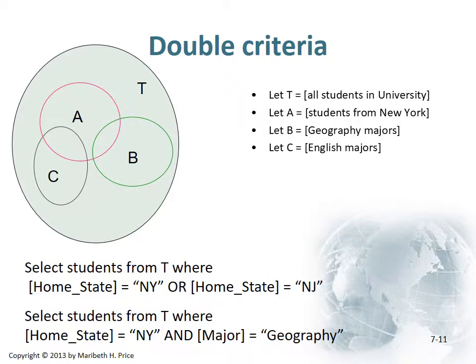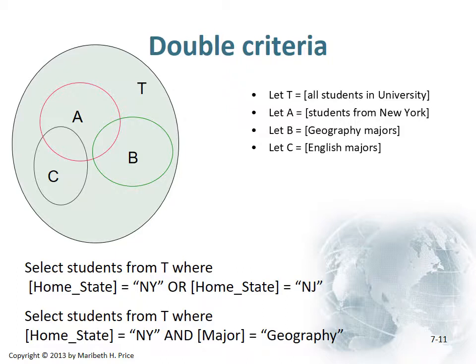When we're building queries, we can use more than one criterion at a time, even within the same variable. Here, for example, let's use the same data universe, and we want from the home state variable to select all of the students who are from New York or the students from New Jersey. And so the response that we get from the table or the data universe will be both of those conditions. Okay, the students either from New York or from New Jersey, either one satisfies the query.